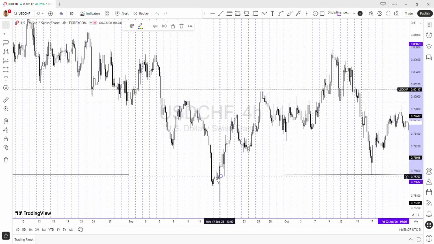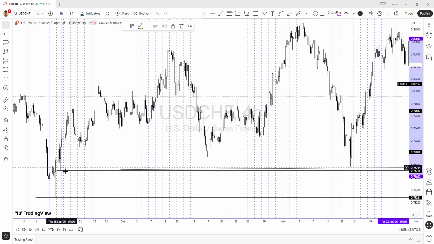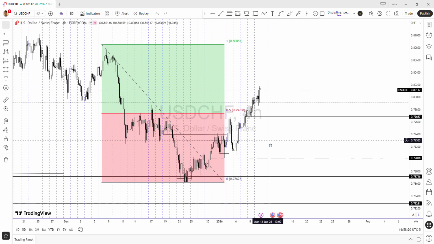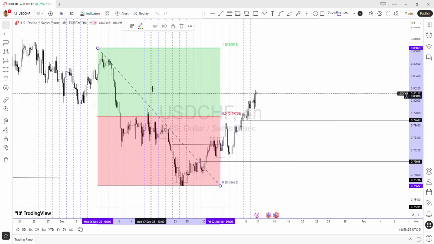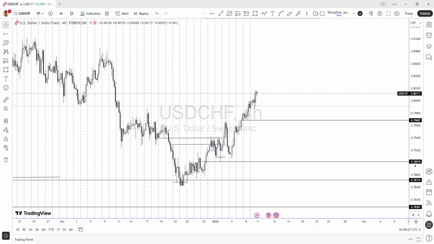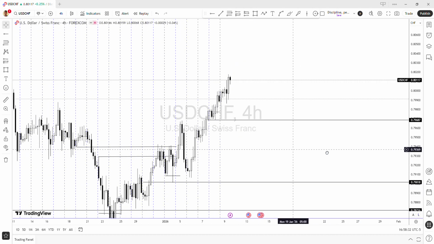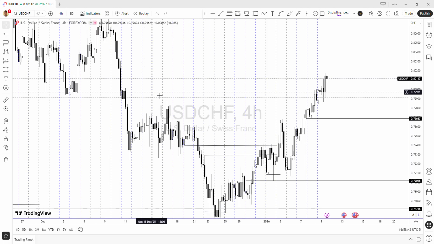This is another block that the market came and tapped into, and then this is an inducement. The market came and wiped the inducement, touched another block, and then started pushing up higher. So what we'll be expecting is higher prices in USD CHF, and when you get the analysis of USD CHF correctly, you are likely to get GBPUSD correctly, because GBPUSD is mostly the opposite of USD CHF. So, this is it for now.